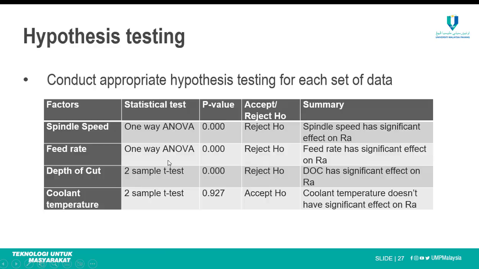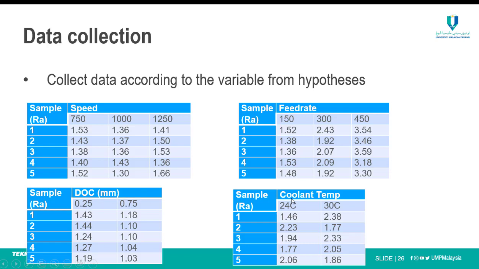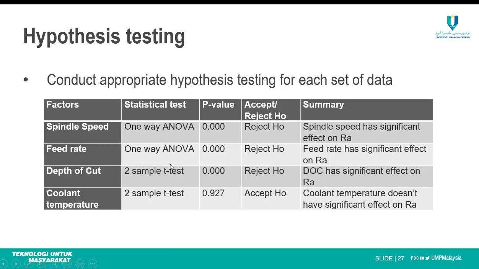For depth of cut and coolant temperature, we have two groups of data, so we utilize the two-sample t-test. We look for the p-value from the statistical test, and then we compare our p-value with the alpha. The confidence level for this test is 95%, so the alpha is 0.05.